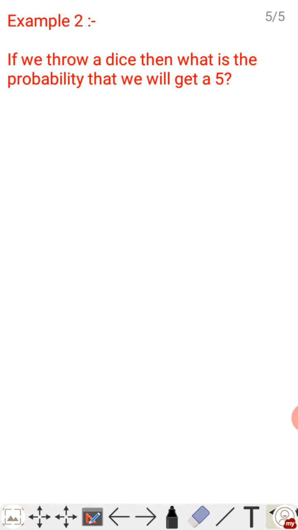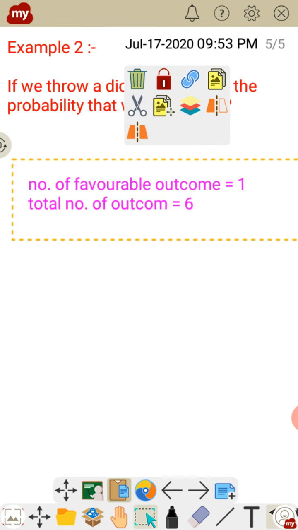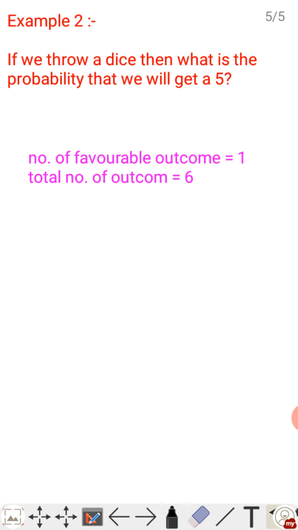And you have to throw the dice only once. So the number of favorable outcomes, or the number of favorable choices, is only 1, and the total number of outcomes is 6, right? As the dice has 6 numbers, the number of favorable outcomes is 1 and the total number of outcomes is 6.